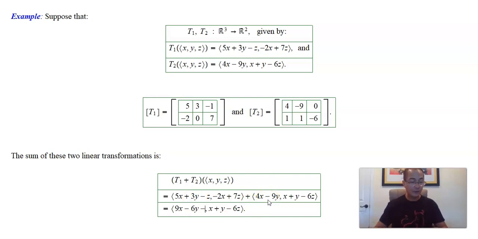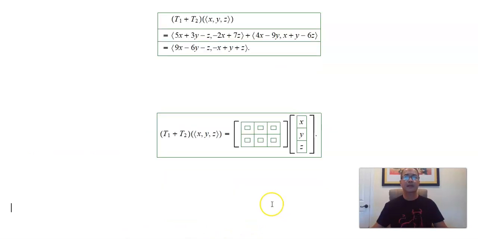And we have a z term: a minus z from the first, no z in the second. Second term, we have negative 2x plus x, so we get negative x. And then we have y by itself, so plus y. And then 7z minus 6z, so that is positive 1z. So that is the formula for T1 plus T2.